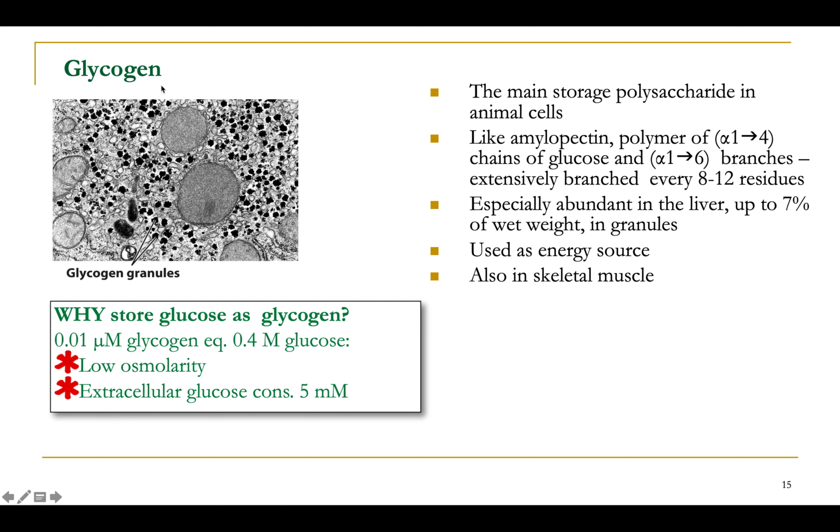Glycogen is used to store glucose in animal tissues. In our body, the liver is very rich in glycogen.